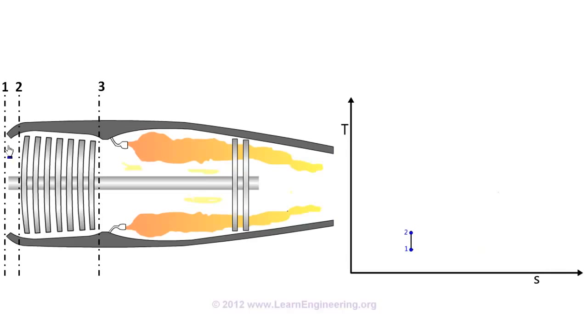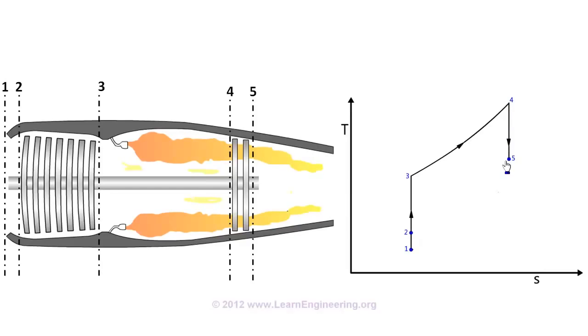Next, in the compressor stage also, the same process continues, and temperature and pressure rise to a level where the combustion process is sustainable. Now, heat addition to the fluid. This process happens almost at constant pressure, and the temperature of the stream rises to a very high level. Right after that, the turbine will absorb some amount of energy, which is required by the compressor. So here temperature and pressure of the fluid come down.